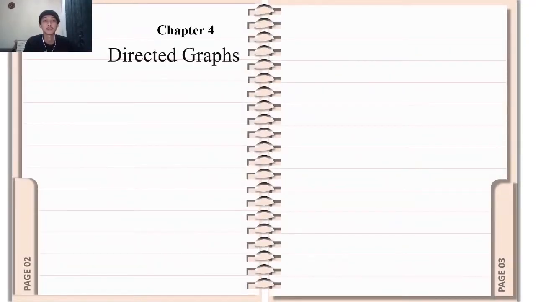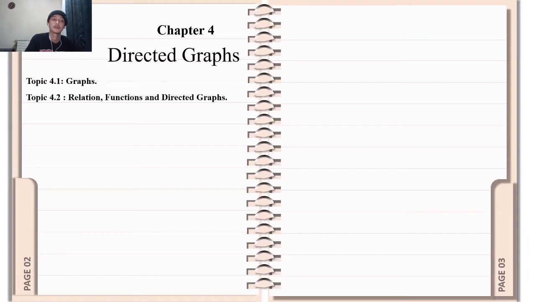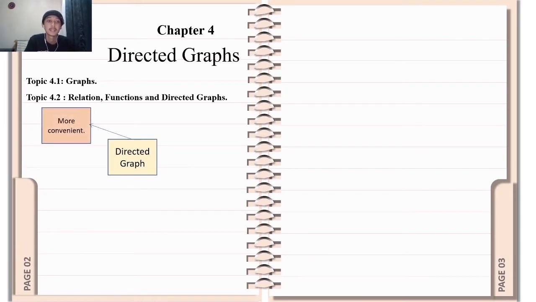Chapter 4, which is directed graph. There are two topics, topic 4.1 graphs and topic 4.2, which is relation, functions, and directed graph. Directed graph is more convenient to use than relation, which is represented by listing the ordered pairs, but directed graph is used like a picture, so we can easily understand it.